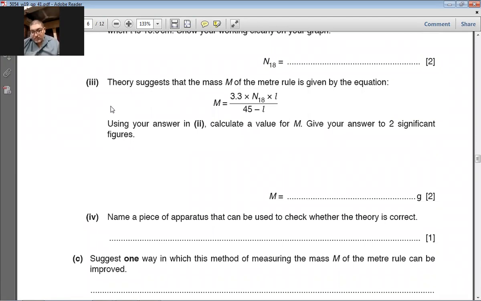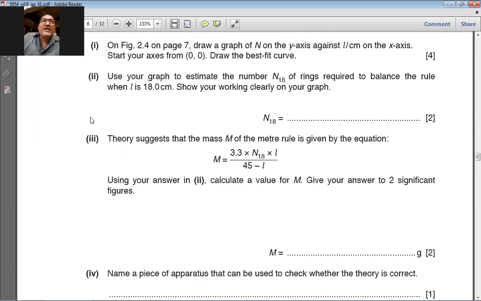Okay. So we are done with the graph part. Then he says, we are done with the second part. No, sorry, the first part. We have drawn that. Then we have these questions.